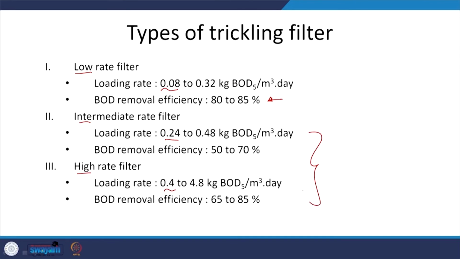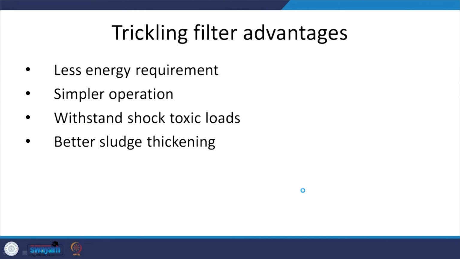The rate at which the water goes through the filter is less, meaning the organic content has more time to diffuse into the stagnant layer and the biofilm, and the microbes thus have greater access to the organic content. But if I am sending the water through fast, there is not enough time for diffusion into the biofilm, so there is relatively less efficiency. So, that is one aspect to understand. Why is it advantageous?